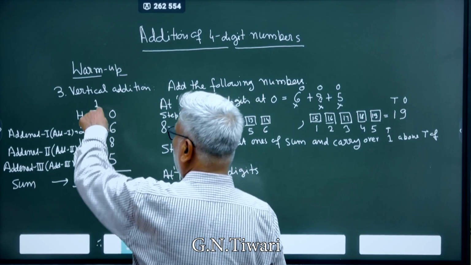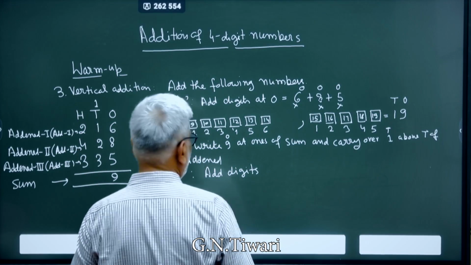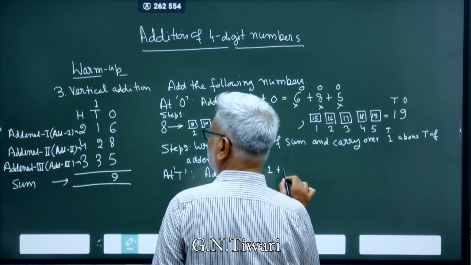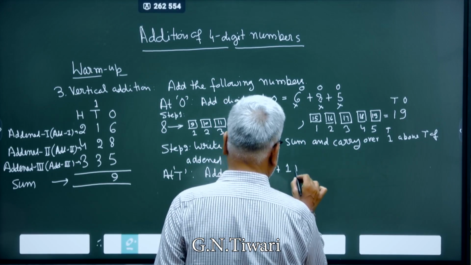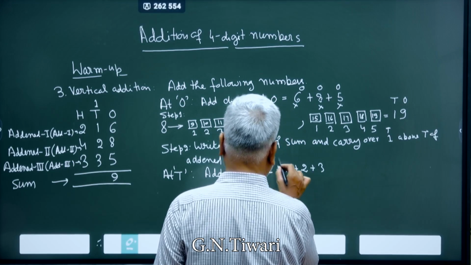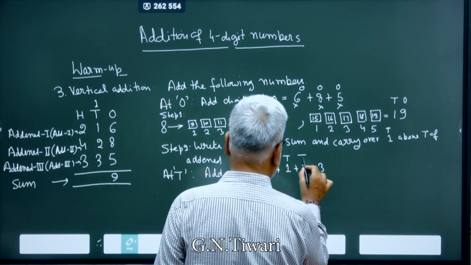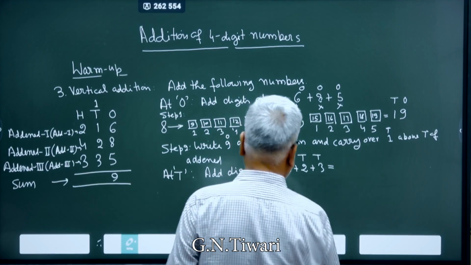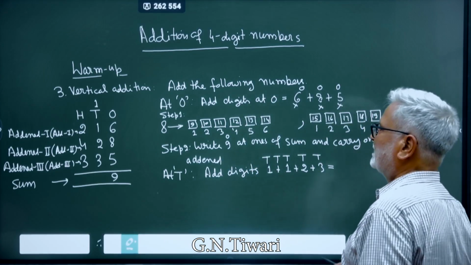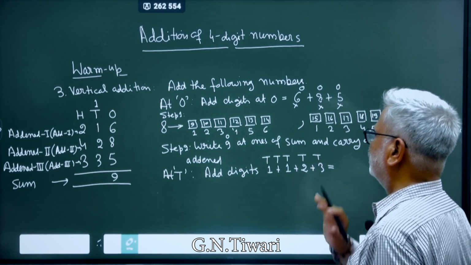One is carry over, first, second, third, fourth. 1 plus 1 plus 2 plus 3. ये सभी T है. How much it is? It is very simple, but I am making the vertical method.